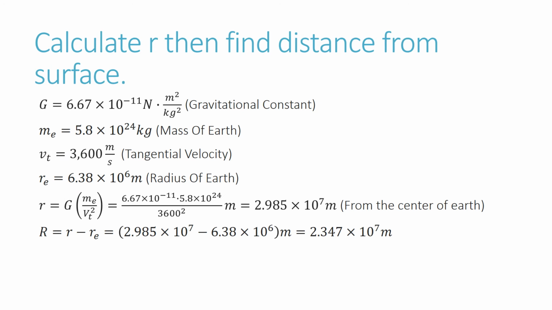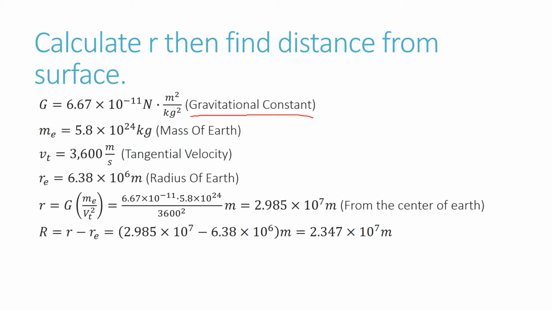Okay, now we're to the part where we're going to calculate r. By doing that, we'll get a numerical value for the distance from the surface to the orbit. So we'll start here with G. G is given right here. That's a gravitational constant. You can look it up.